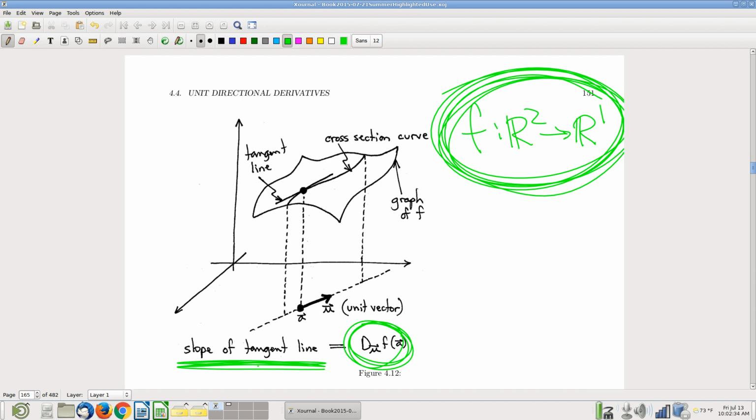Now, let me try to persuade you why that is. The slope of the tangent line would be how much output per how much input, right? So the rise over the run, so delta F divided by the run. What is the run? Well, how far have you moved in that direction? What's the magnitude of your displacement?